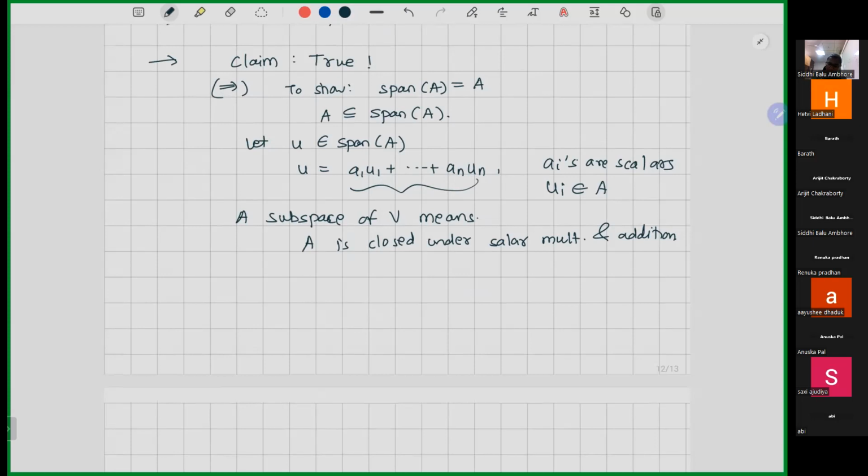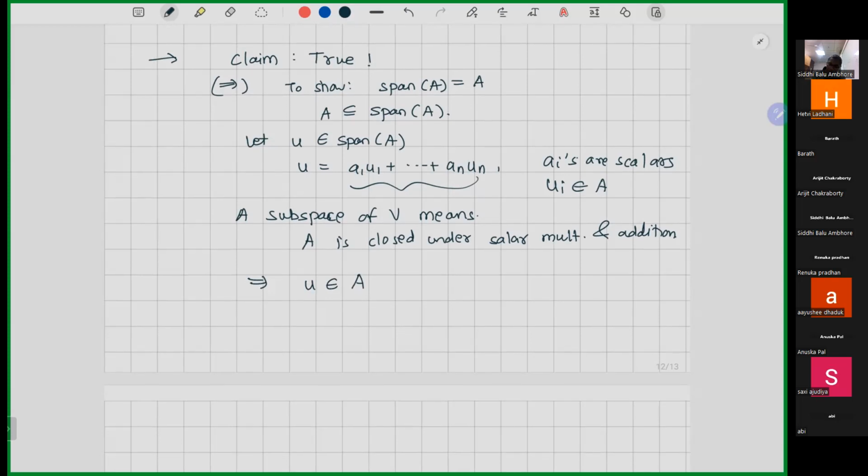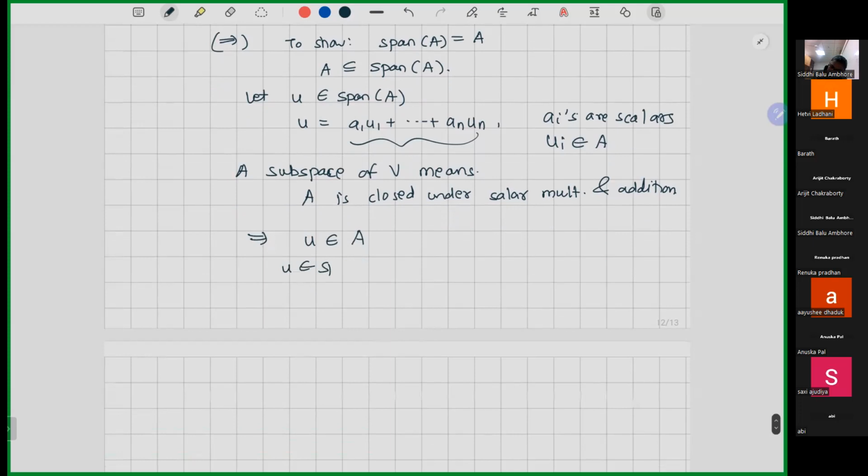So this implies what? u belongs to A, because A is a subspace. So what we got is that u belongs to span of A implies u belongs to A.